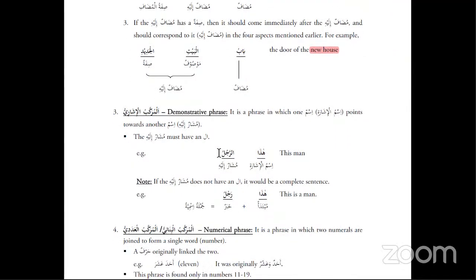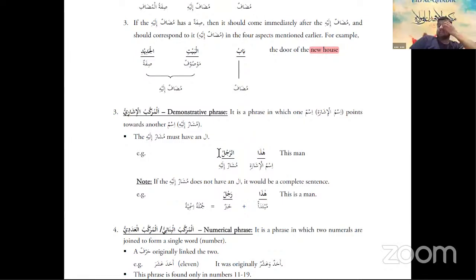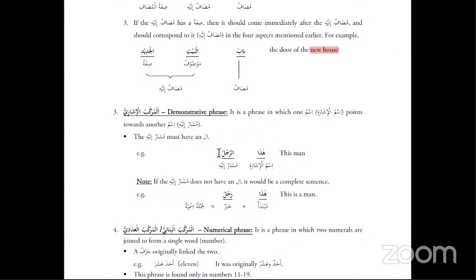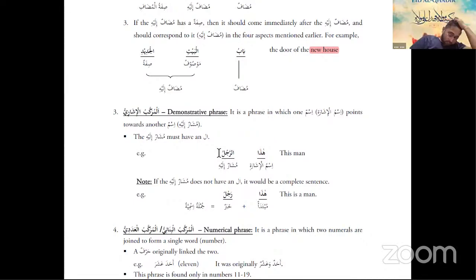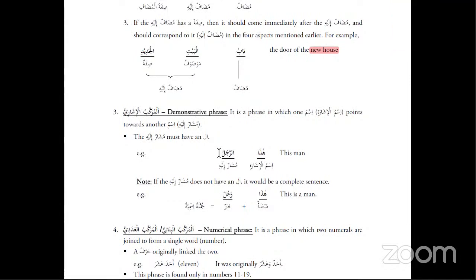It's a phrase in which one ism, the ismu ishara, points towards another ism, another noun, yep. And the mushar ilayh must have an al. Correct.